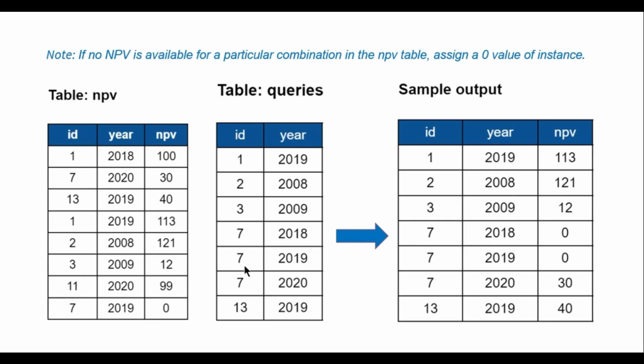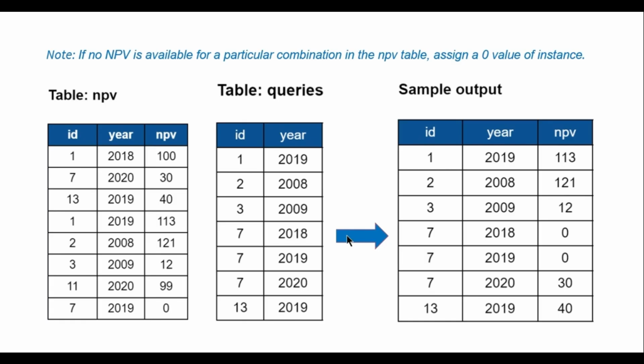Now for the combination of 7 and 2019, the NPV value is already given, that is 0, so we have listed the same. For 7 and 2020, the NPV value is 30, and similarly for 13 and 2019, the NPV value is 40. So this is how our output is derived.